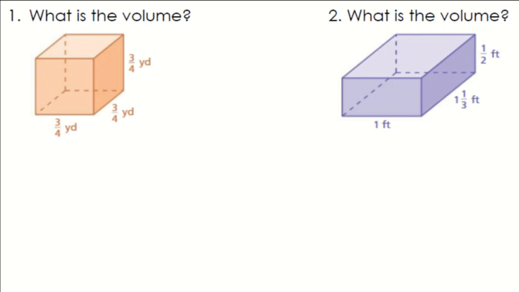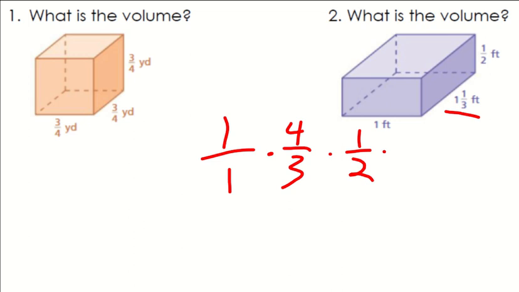All right, so for number 2 here, you'd have 1. We'll make it 1 over 1 times 1 1/3. We can make that 4/3 times 1/2.